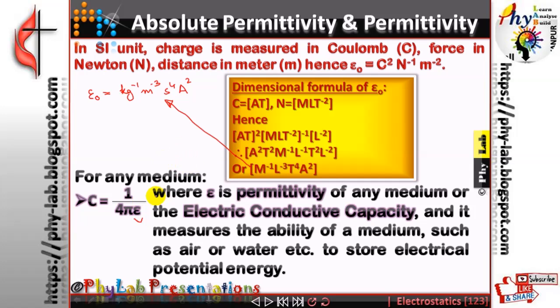So epsilon naught was the absolute permittivity, whereas epsilon is simply called the permittivity of any particular medium, and this permittivity is also referred to as electric conductive capacity. What it does is measure the ability of a medium to store electrostatic potential energy. So by knowing epsilon or epsilon naught, you are able to measure how much a particular medium can hold charge in the form of electrostatic potential energy.